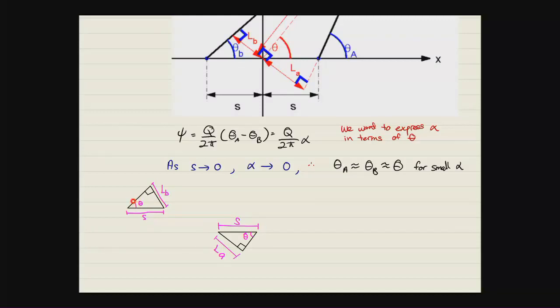So I'm just going to call this theta. And I know that sine theta is going to be LB over S.